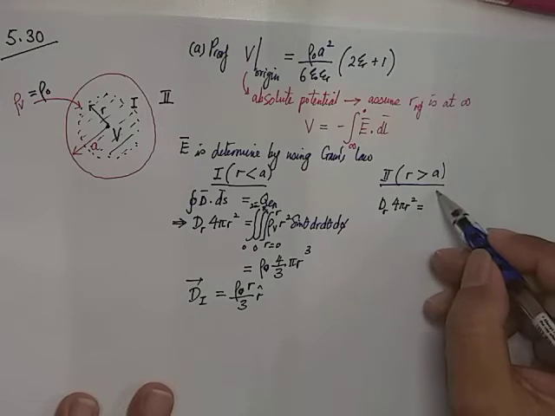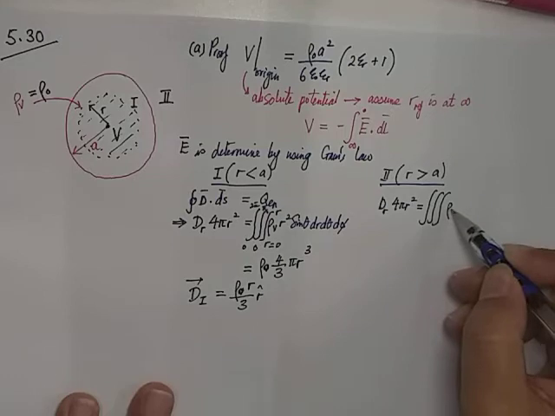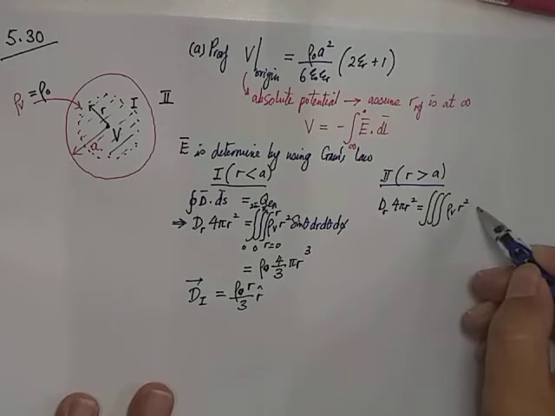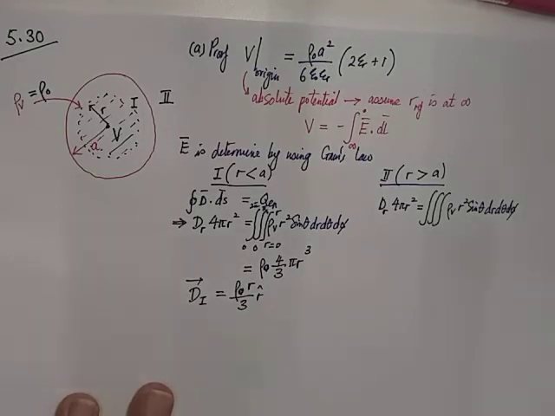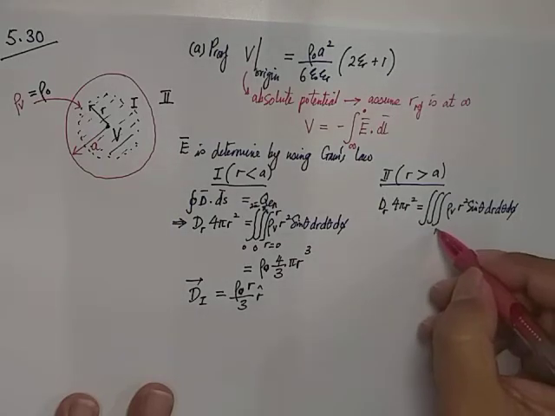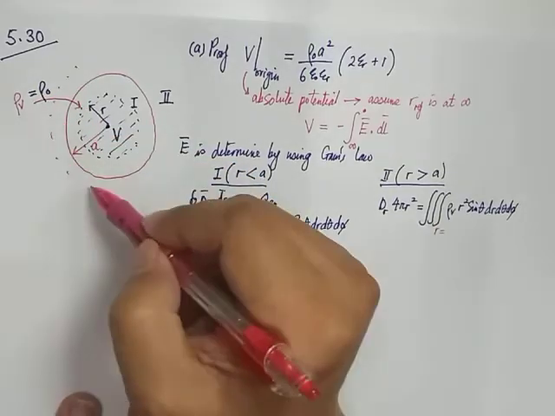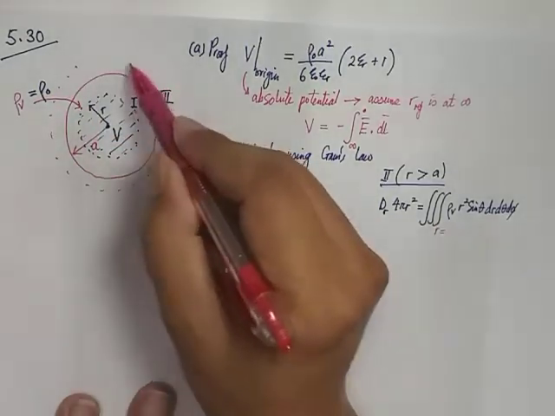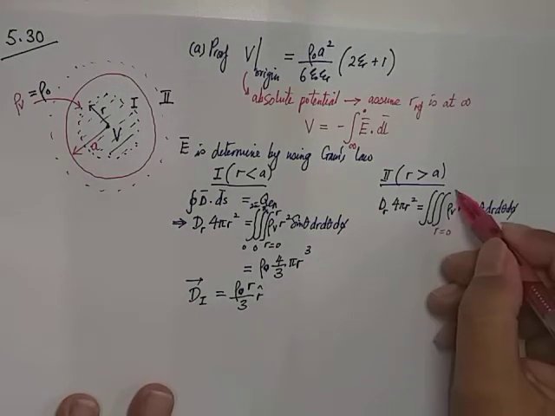But now when I do the triple integration, rho v r squared sine theta dr d theta d phi, the limit for my r should be from where to where? Because now my Gaussian is located outside. What should be my limit of r enclosed by the outside Gaussian? Good, from 0 up to a.